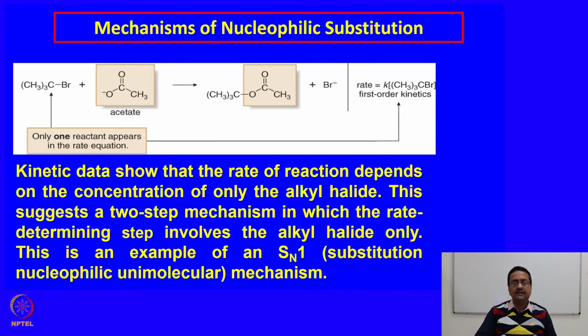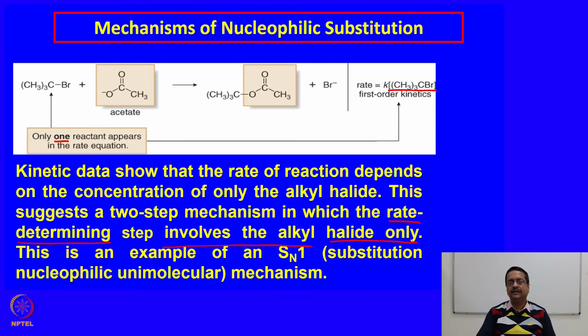The next method, the second process where the bond breaking and bond making happen separately, there only one reactant appears in the rate equation. Here it is only dependent on the alkyl halide. Kinetic data shows that the rate of reaction depends only on the concentration of alkyl halide. So, this mechanism suggests a two-step process in which the rate determining step involves the alkyl halide only.